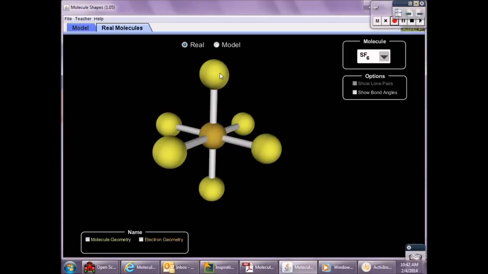This is an octahedron, so the shape is octahedral. What is the electron domain? Octahedral, guys, because all of them are bonded. The shape and the electron domain have the same name because they are all bonded.